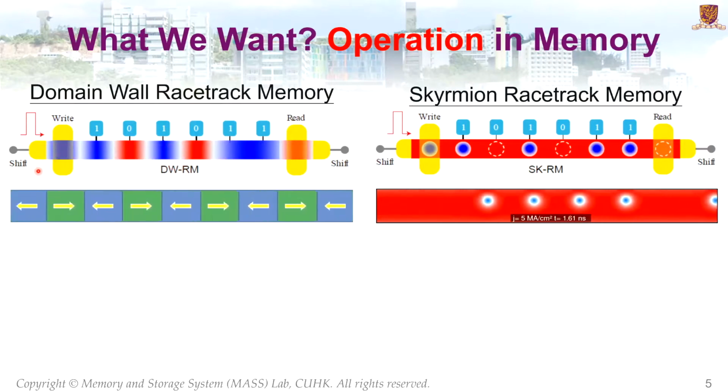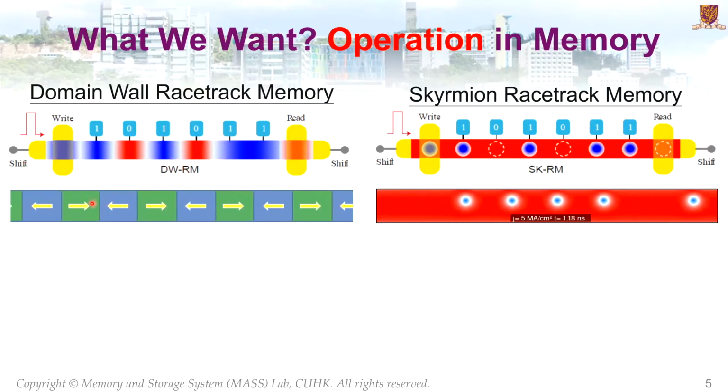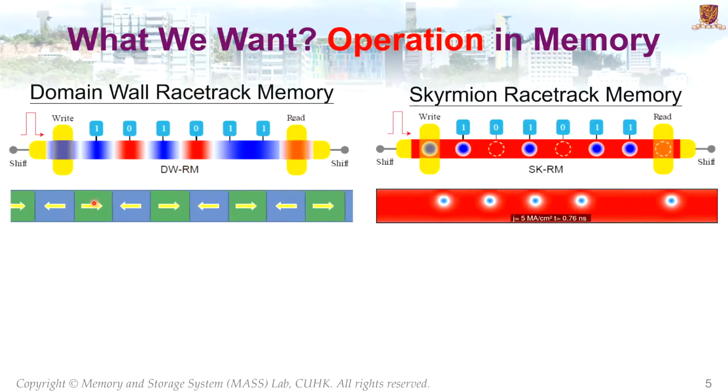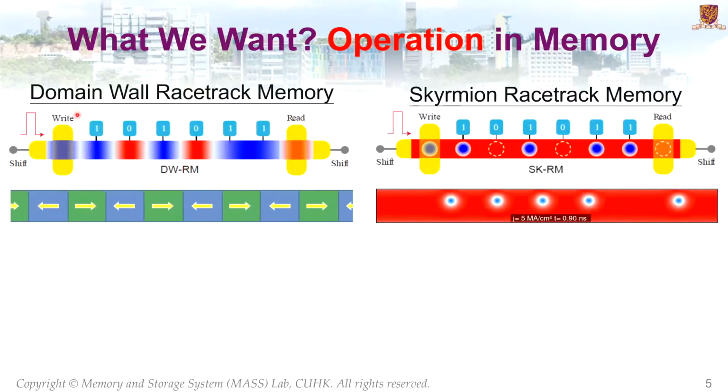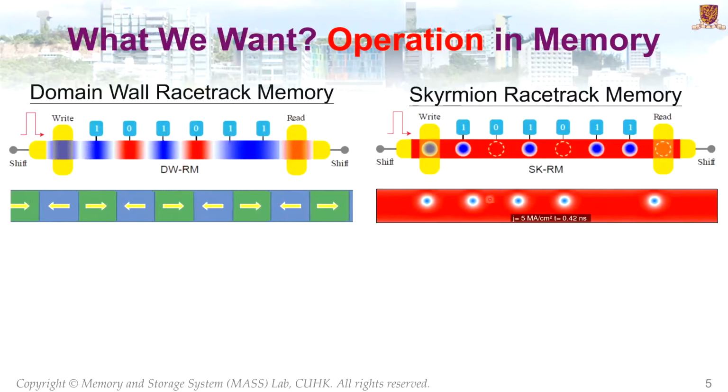If you apply current to the racetrack, you can actually shift the data, moving it along the track. Here I show you a toy animation of how we can move the domain wall data or the Skyrmion-based data along the racetrack.